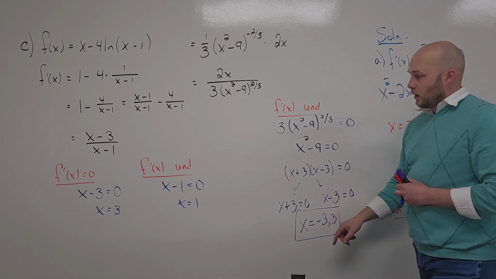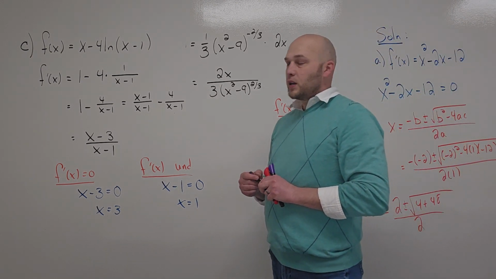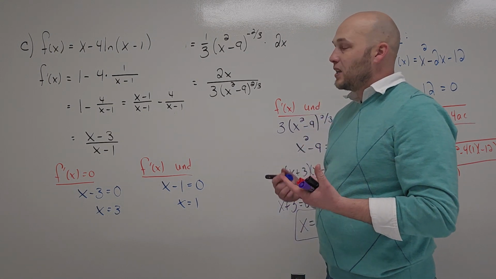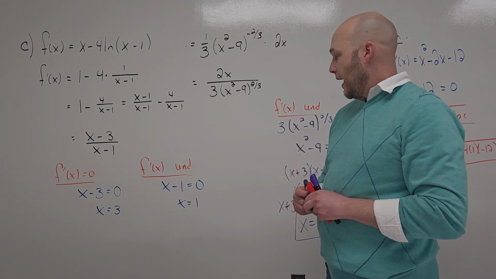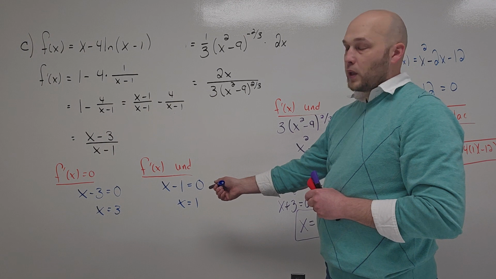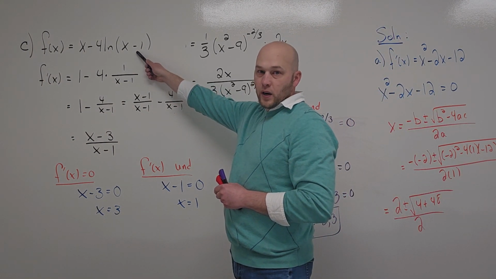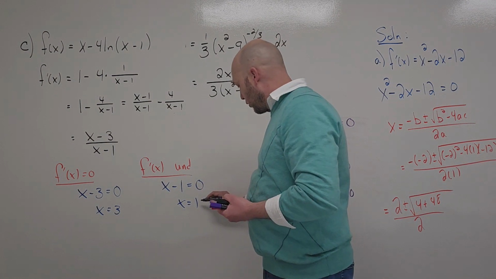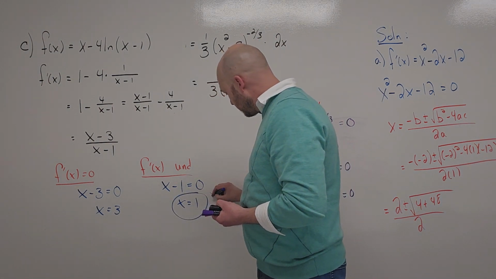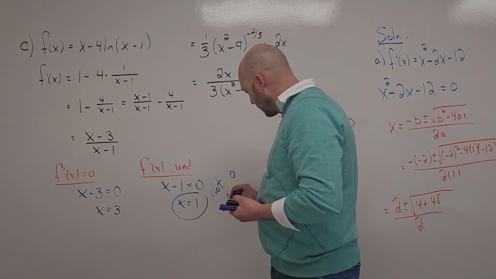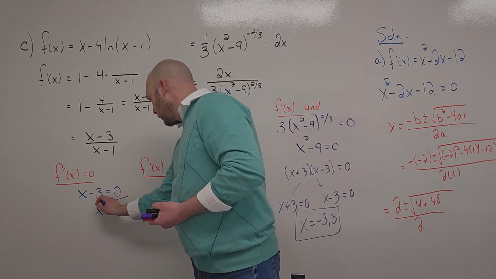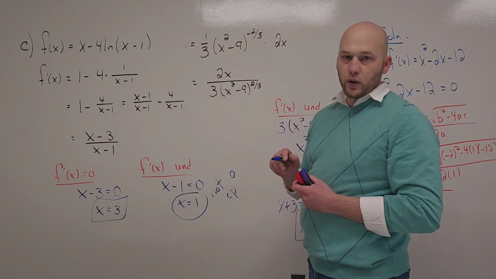The problem here, if you remember back to the definition, is the function has to be continuous and of course defined at that x value. x equal to 1 is not in the domain of the original function. So this is actually not a critical point, whereas this one over here is. So this function does only have one critical point.